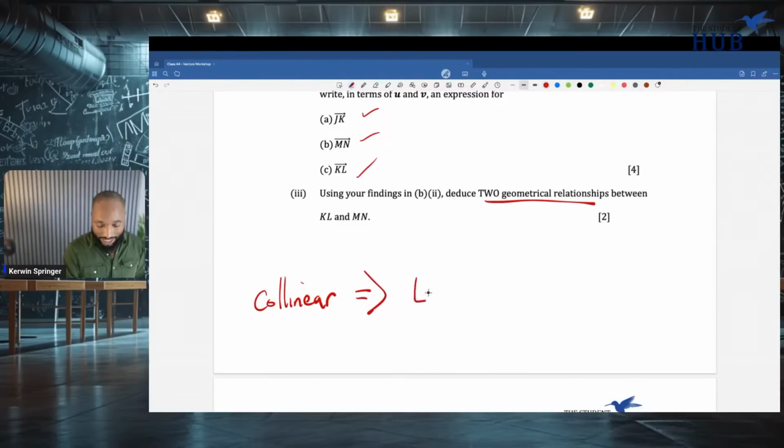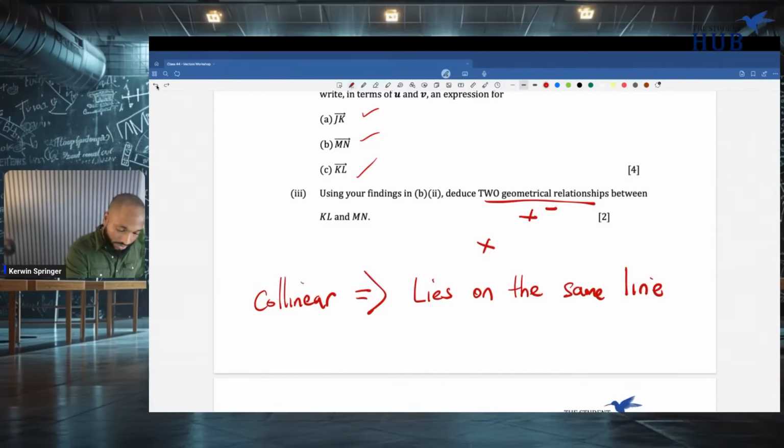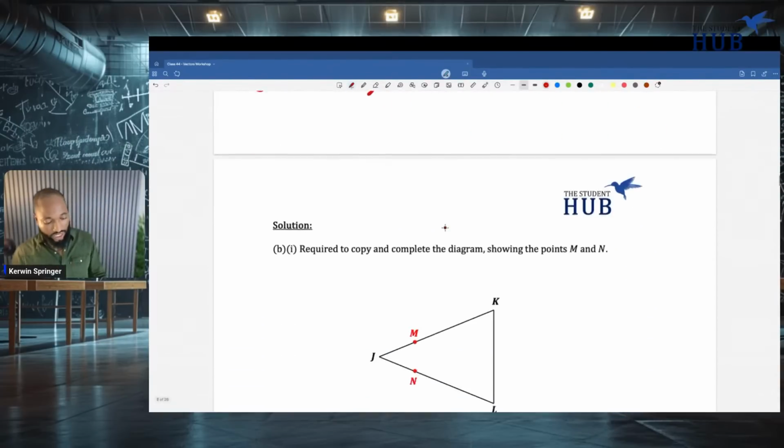Collinear means lies on the same line. For something to be collinear, it needs to be on the same line. For example, P, Q, R are collinear. They lie on the same straight line. There'll be a question on that soon.